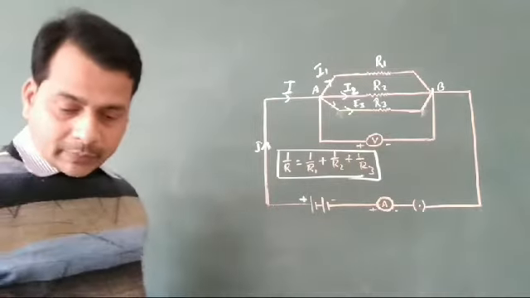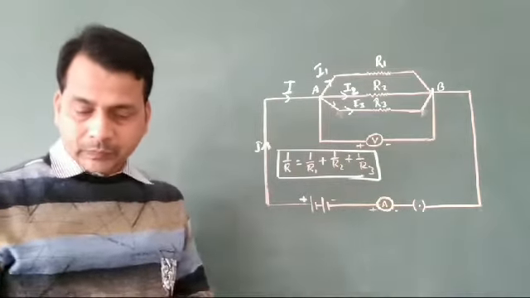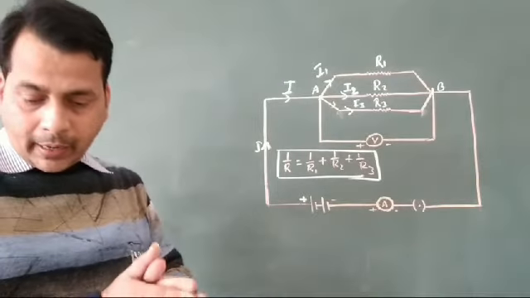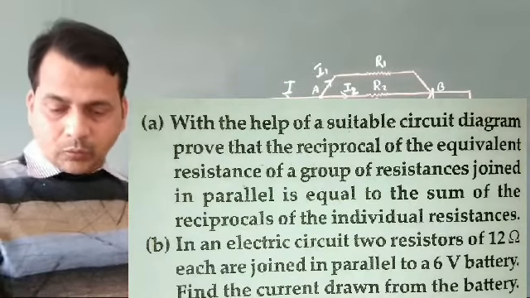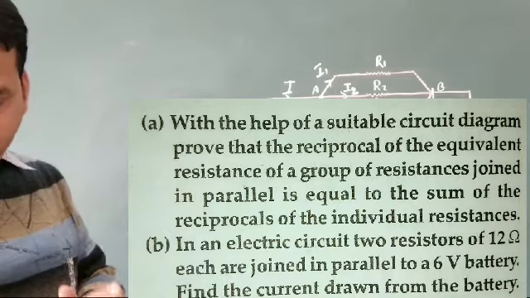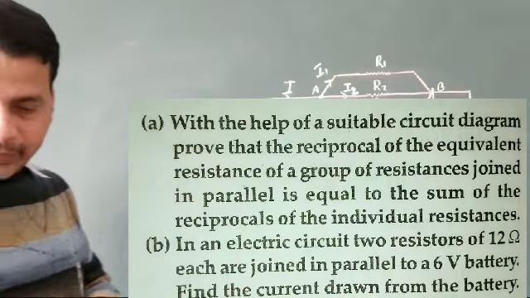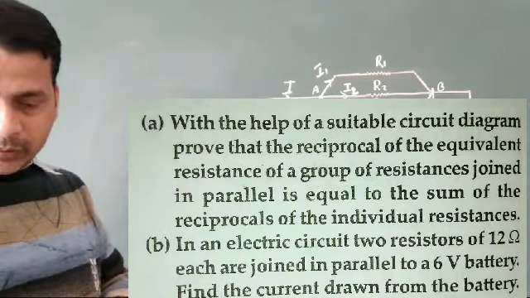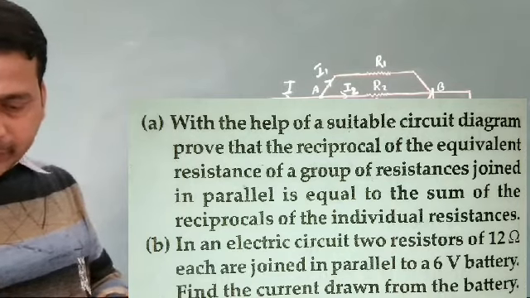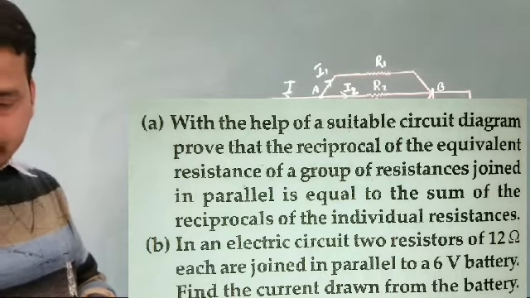The next part of this question: in an electric circuit, two resistors of 12 ohms each are joined in parallel to a 6 volt battery. Find the current drawn from the battery.